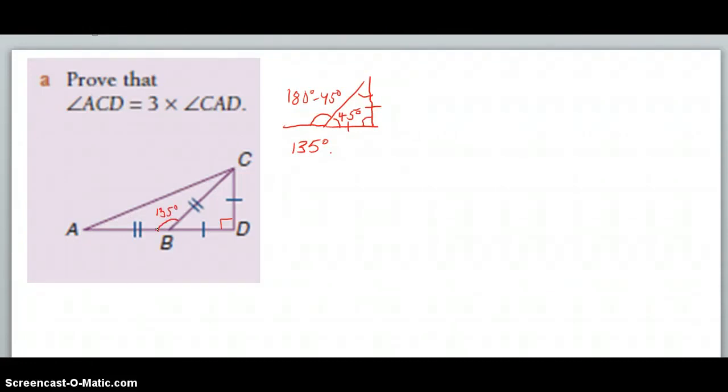then again we can use the same idea that the base angles in an isosceles triangle are equal. These are the two base angles of this isosceles triangle.